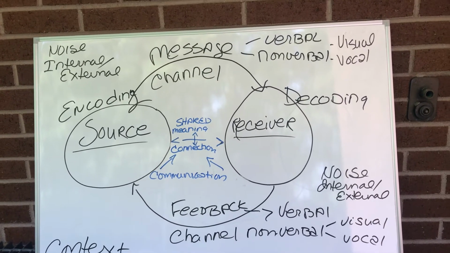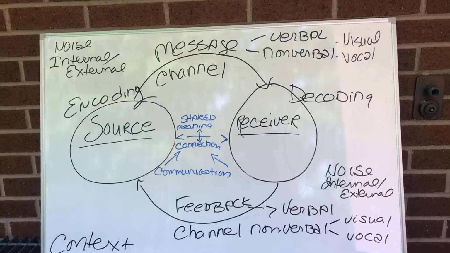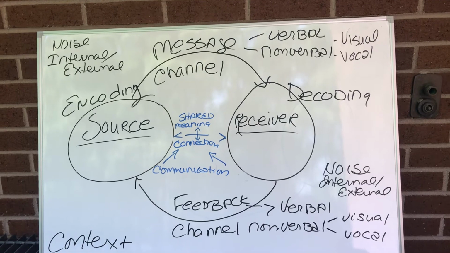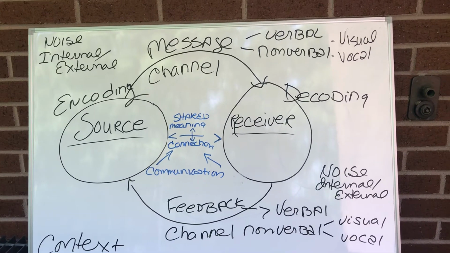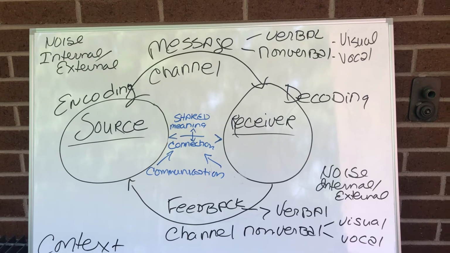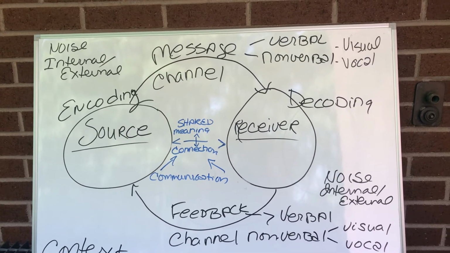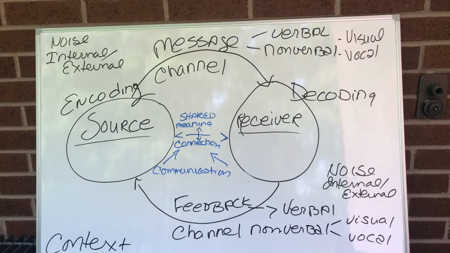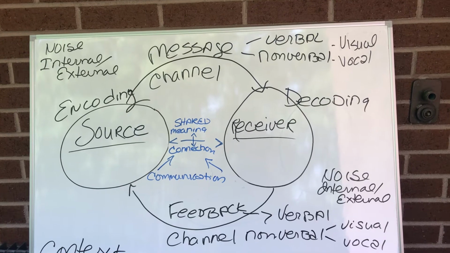Where you see the word source in the circle, the source is the originator of the message. So again, if this was public speaking, you would think of the source as the speaker. The speaker or the source has an idea or a thought, and that is called the message. The message is then encoded.